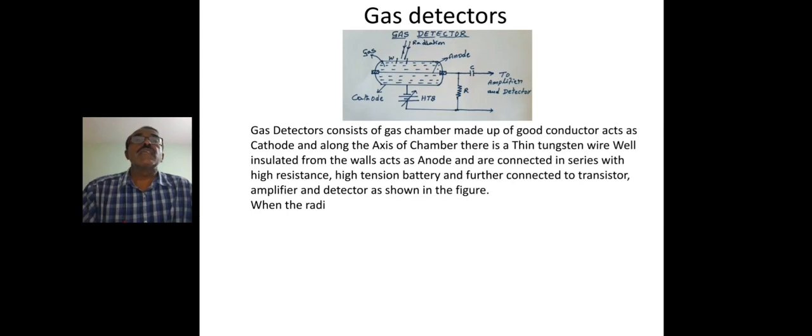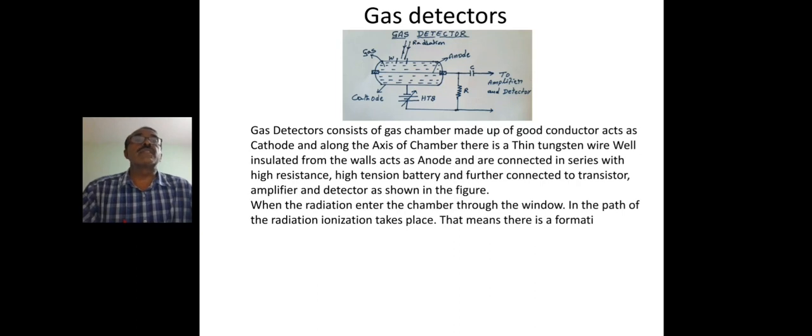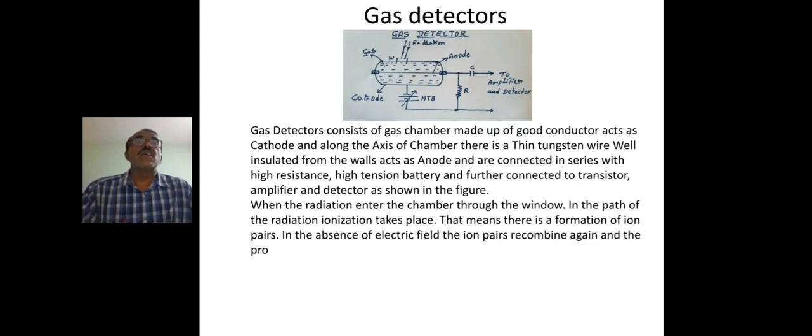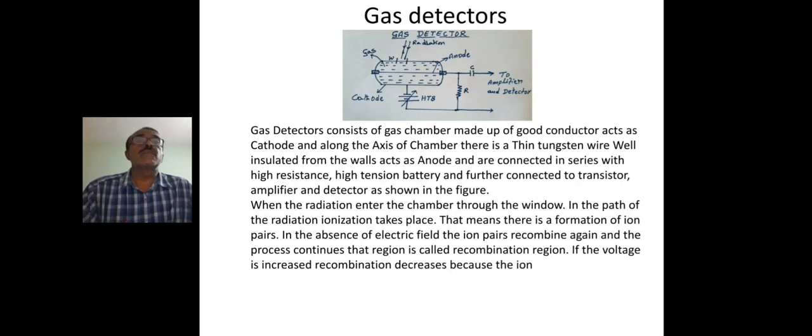When the radiation enters the chamber through the window, ionization takes place in the path of the radiation. That means there is a formation of ion pairs. In the absence of an electric field, the ion pairs recombine again and the process continues. That region is called the recombination region.